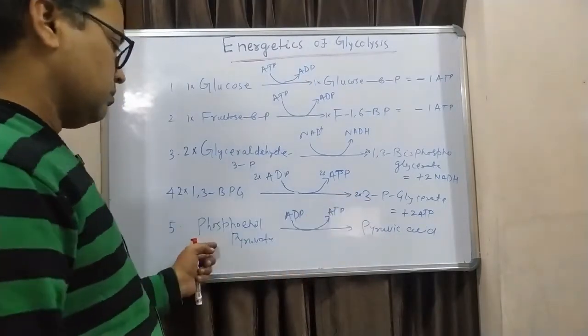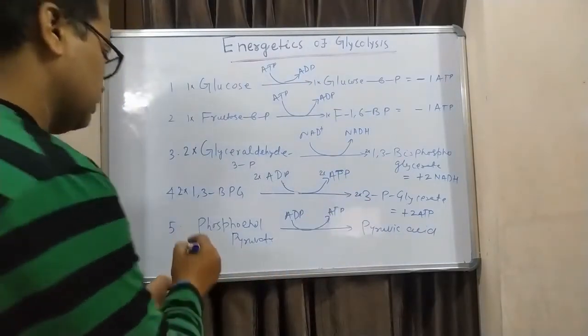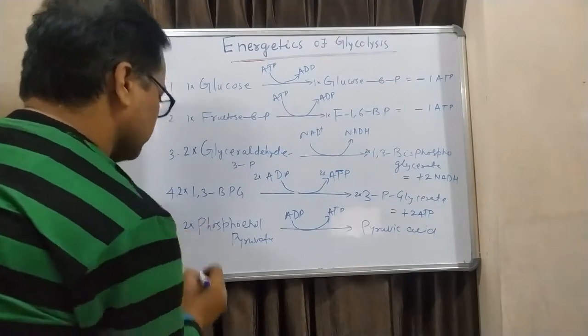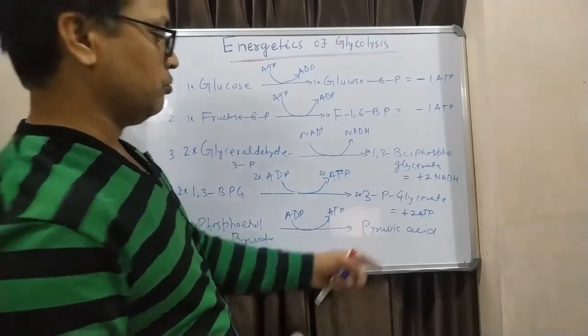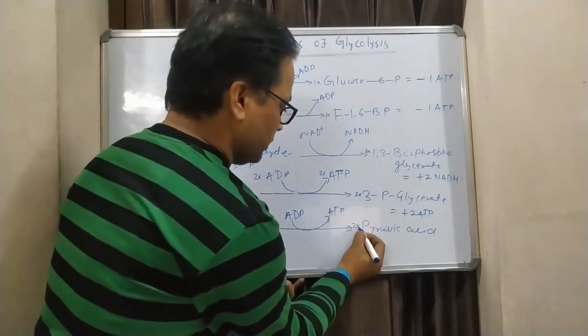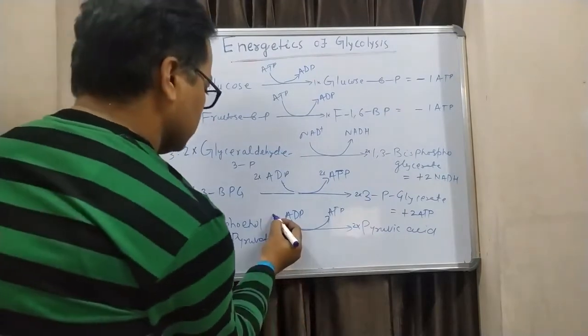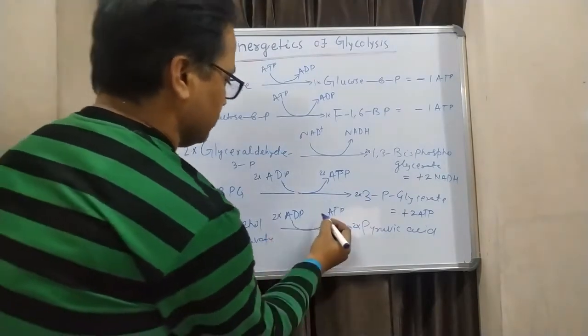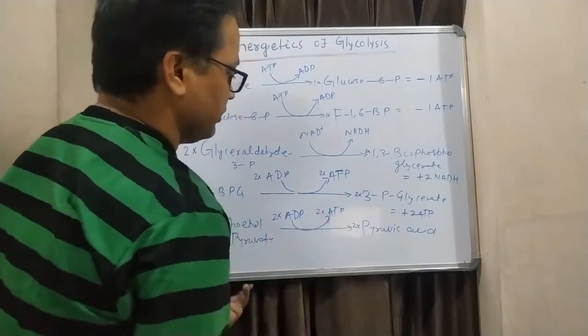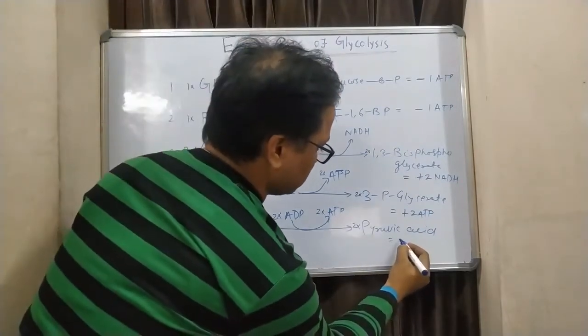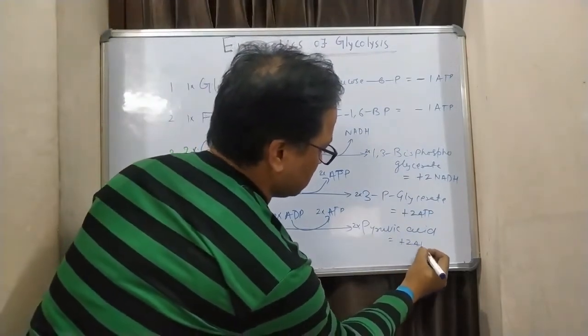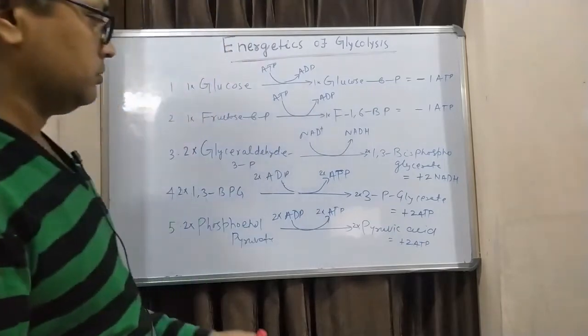In the last, 10th step, 2 molecules of phosphoenolpyruvate are converted to 2 molecules of pyruvic acid, using 2 molecules of ADP and producing 2 molecules of ATP. So the ultimate gain was plus 2 ATP.